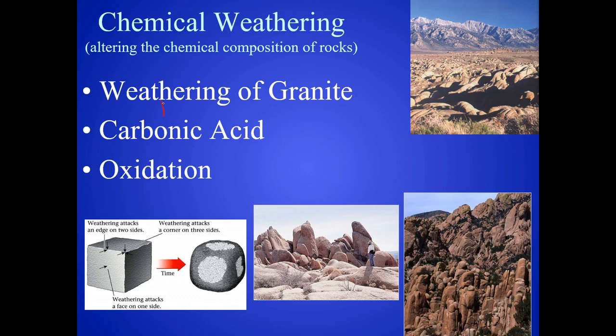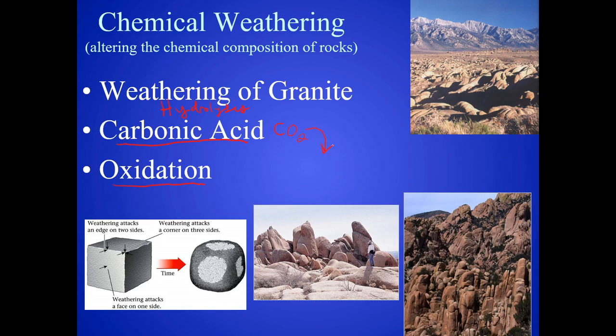There's a real important process here that goes along with this called hydrolysis. So you should know that term. Okay, hydrolysis. We're going to talk about the role of carbonic acid, and we're going to talk about the role of oxidation, oxygen. So carbonic acid, by the way, I'm going to say this a few times in this lecture, but basically you have CO2 in the atmosphere.